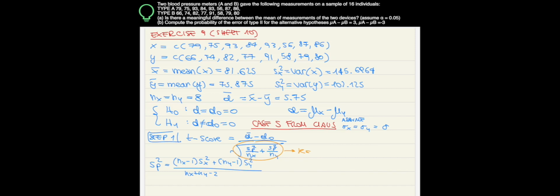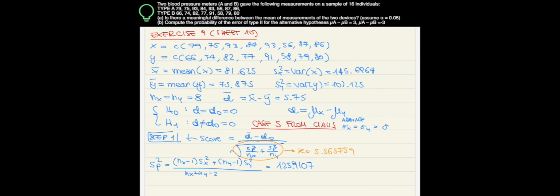Great. So if you trust me with the calculation, this is 123.9107. So this value that we have found divided by nx plus the same value divided by ny, we know that nx is equal to ny, which is 8, and we take the square root of that, this is equal to 5.565759. Step 2.